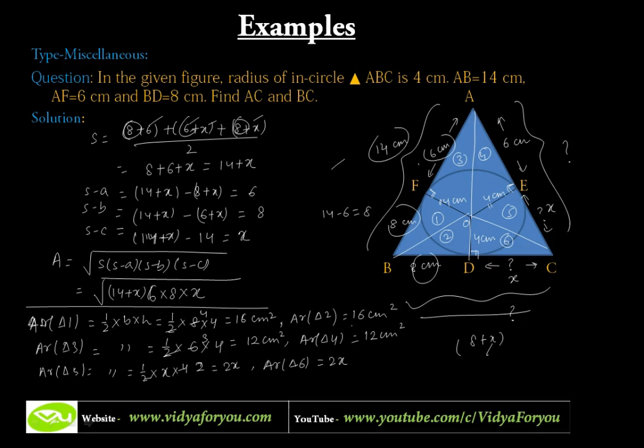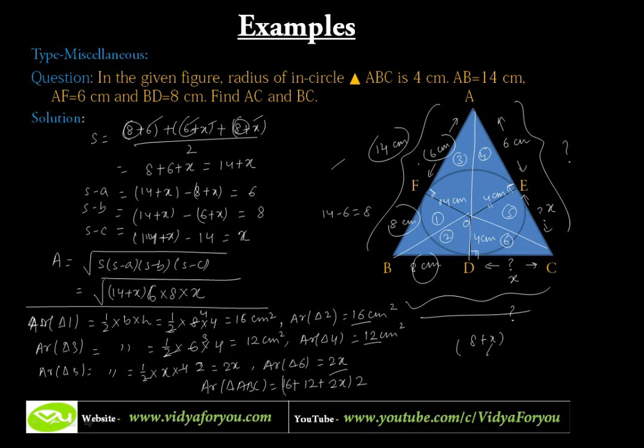Now add it. 16 plus 12, 28 plus 2x. So total area you got of the triangle ABC is equal to 16 plus 12 plus 2x into 2. Why 2 times?